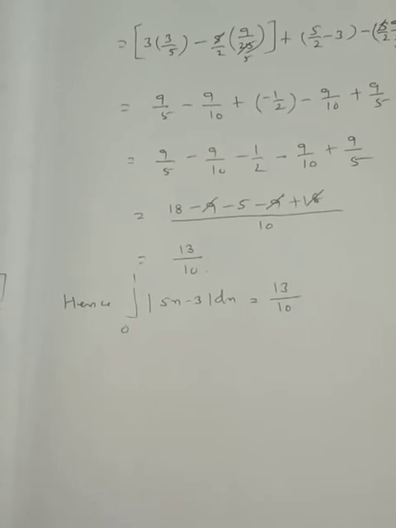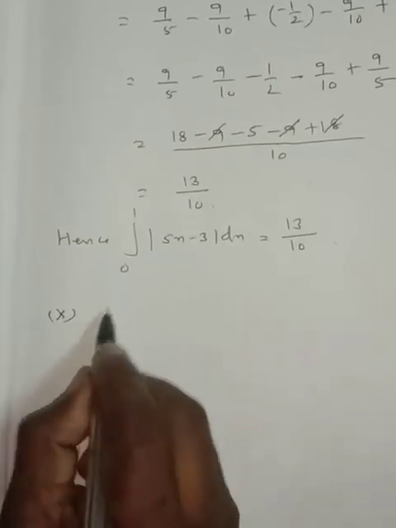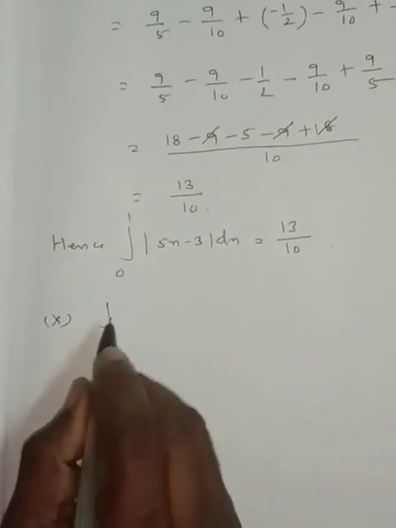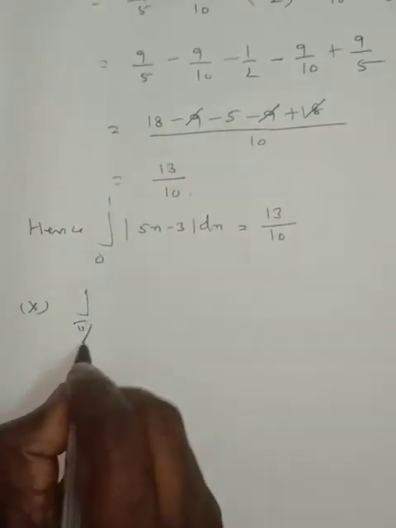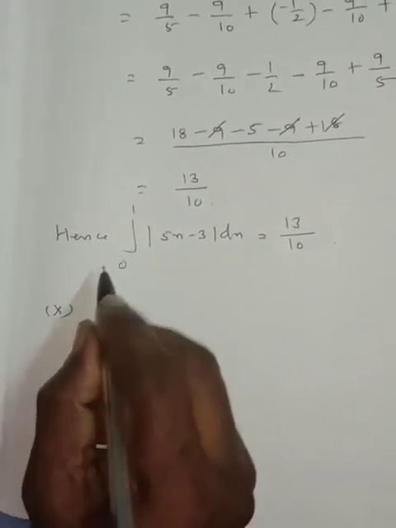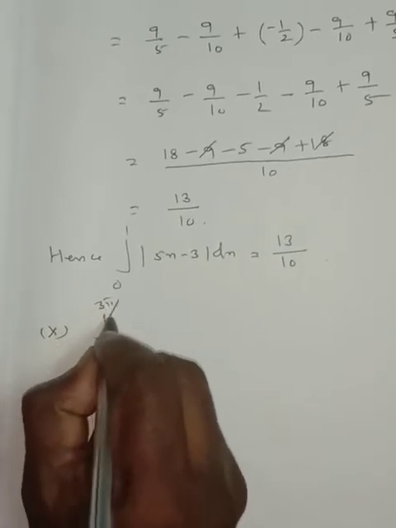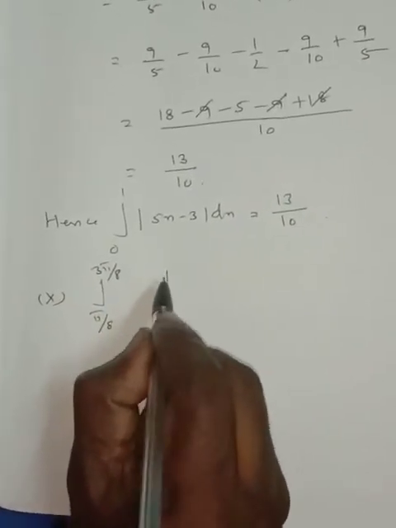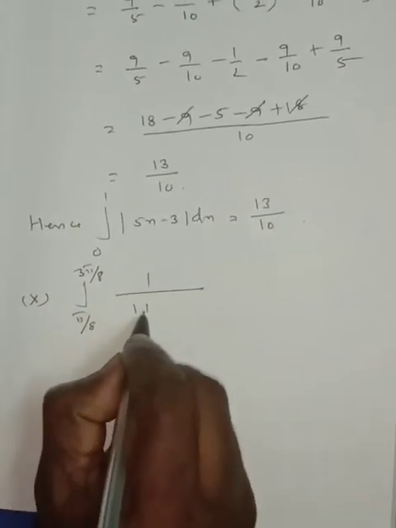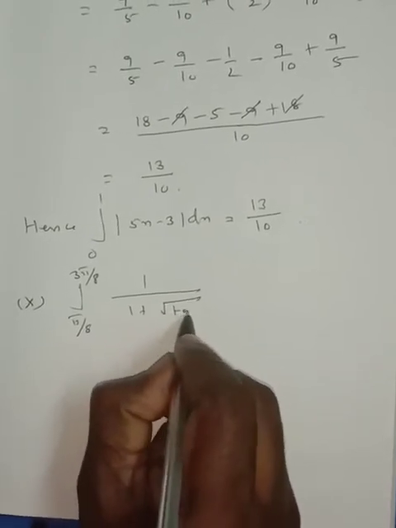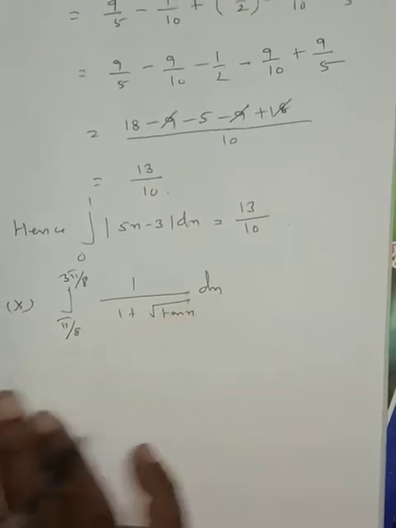Next question number, integral pi by 8 to 3 pi by 8, 1 divided by 1 plus root of tan x into dx.